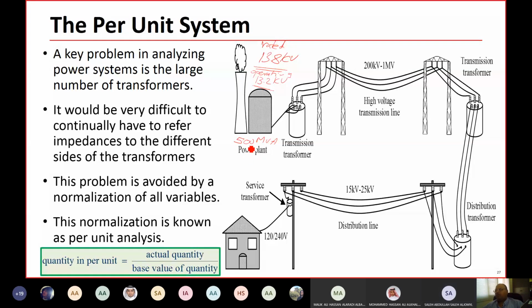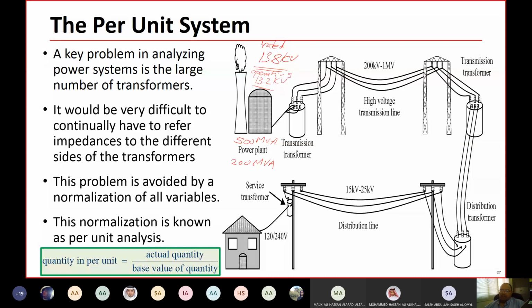Now, of course, if the load is 200 megavolt ampere, the generator will not generate 500, but it will follow the load. It will generate only 200. So this is the operating value.